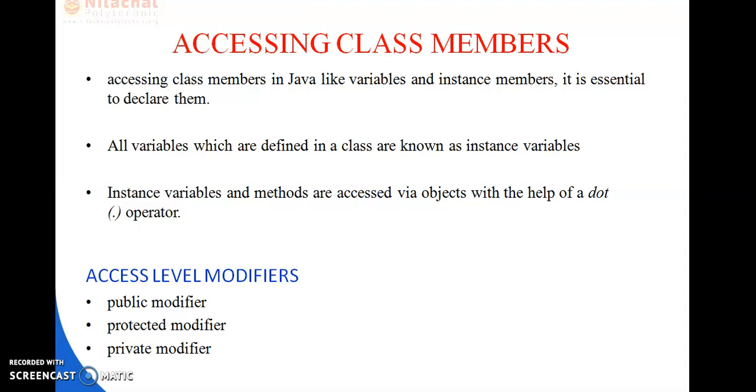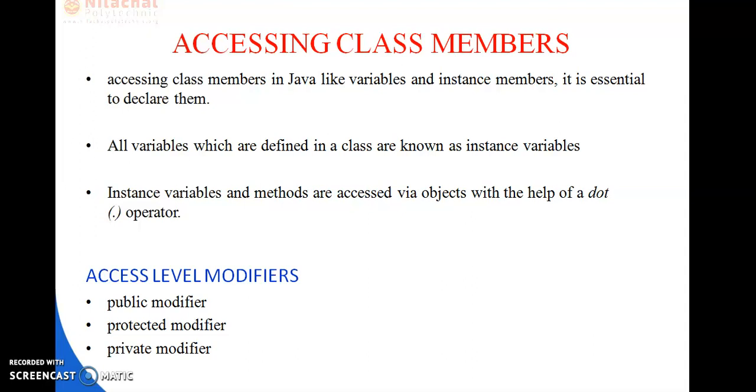But instance variables are the variables declared within a class but outside any methods. These variables are initialized when the class is instantiated. Instance variables can be accessed from inside any methods, constructors, or blocks of that particular class.